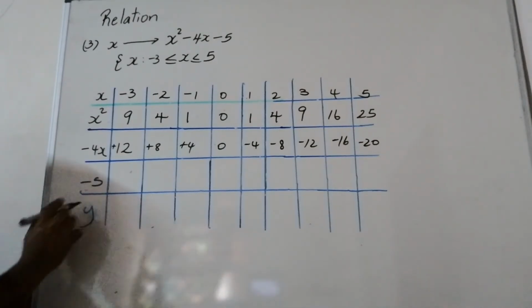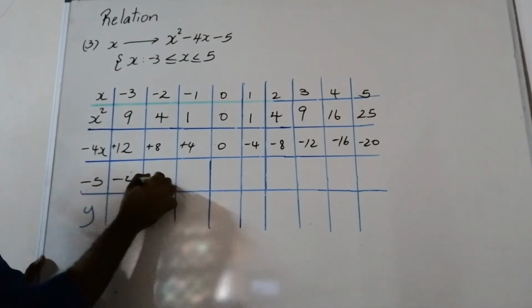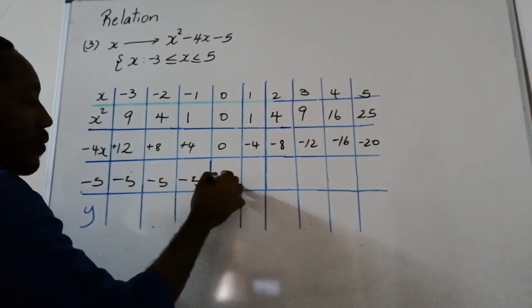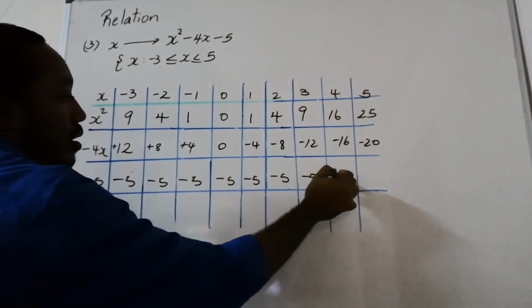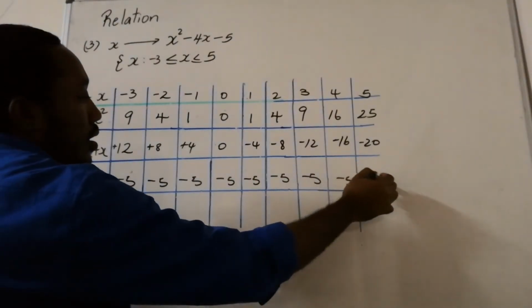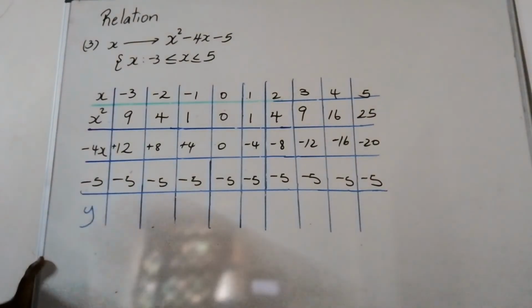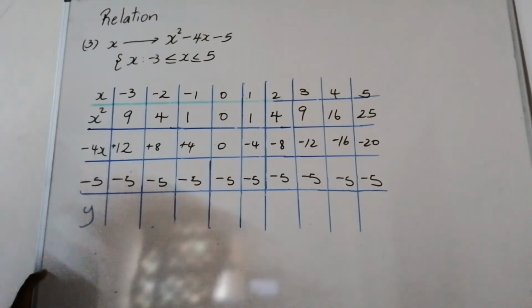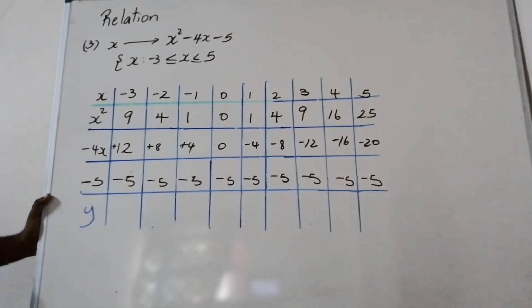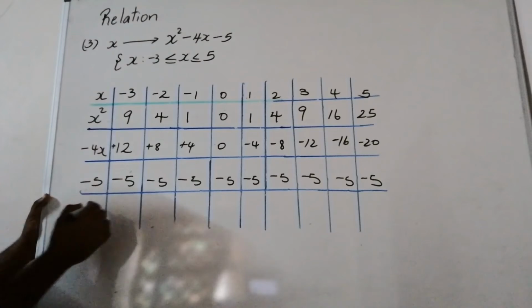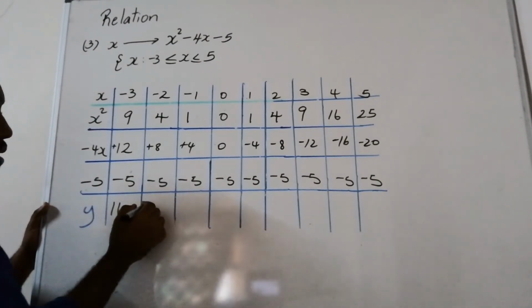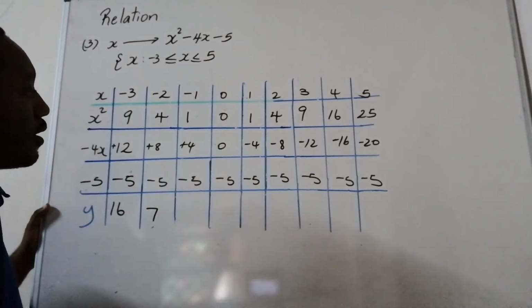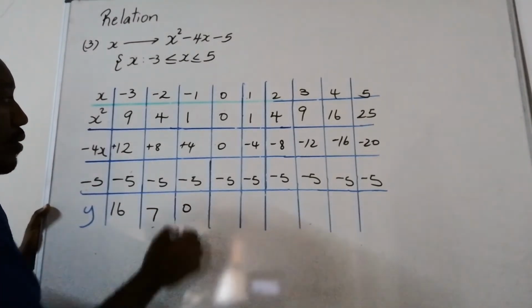So now we have our constant where we will subtract 5 right throughout. Now, let us complete. 9 plus 12, take 5 will give us 16. 4 plus 8 take 5 will give us 7. 1 plus 4 take 5 will give us 0.